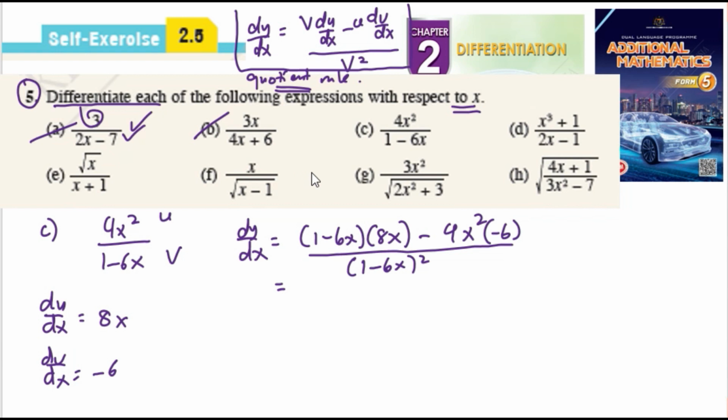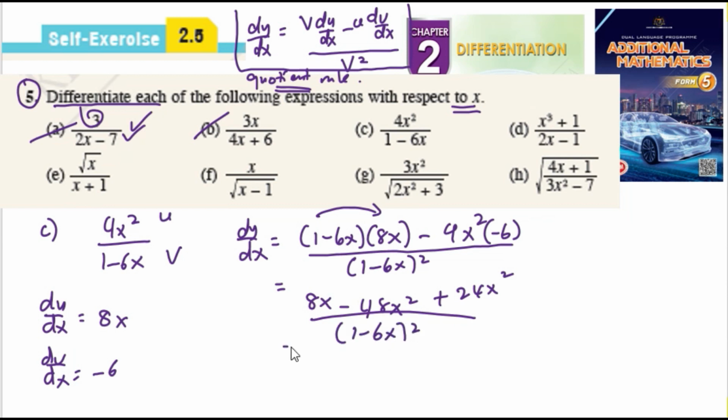So here 1 times 8x you get 8x, minus negative 6 times 4x squared you get plus 24x squared, divided by 1 minus 6x squared. So 8x minus 24x squared divided by 1 minus 6x squared.